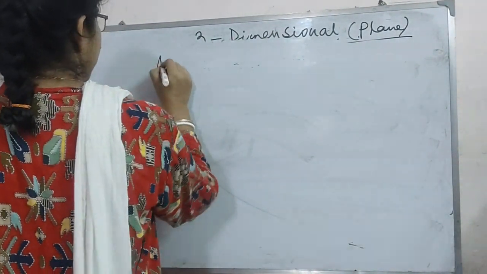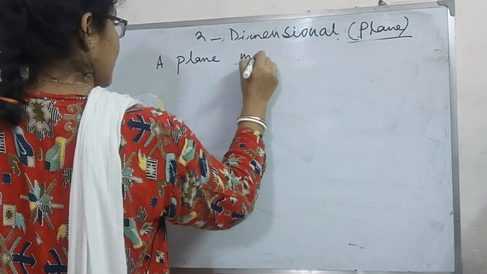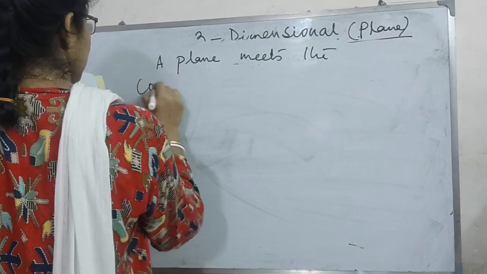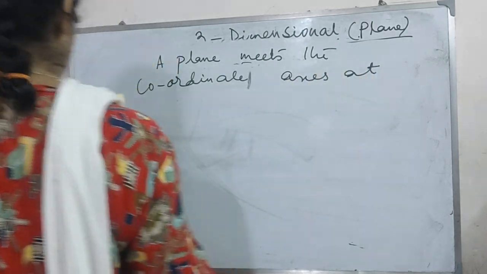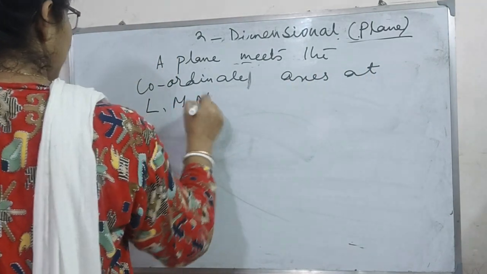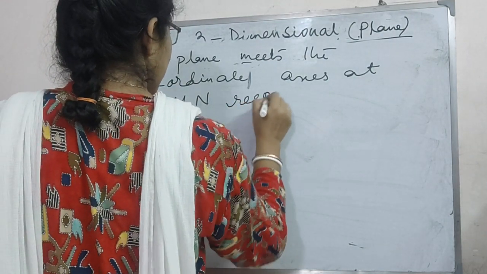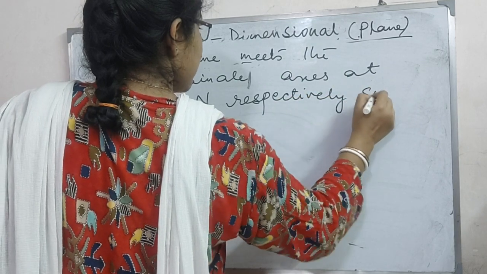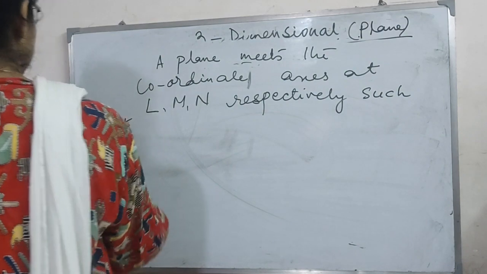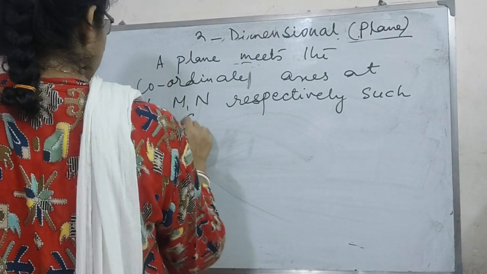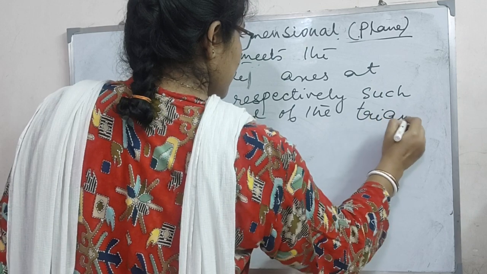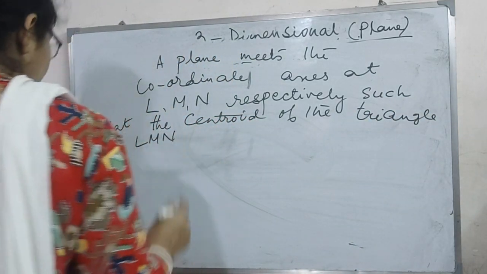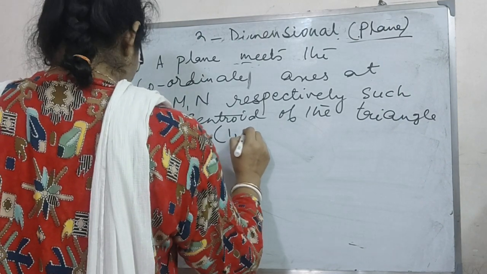Next sum is: a plane meets the coordinate axes at L, M, N respectively, such that the centroid of the triangle LMN is (1, -2, 3).